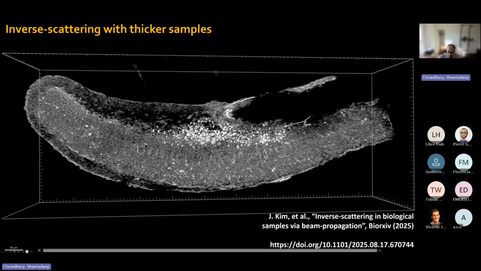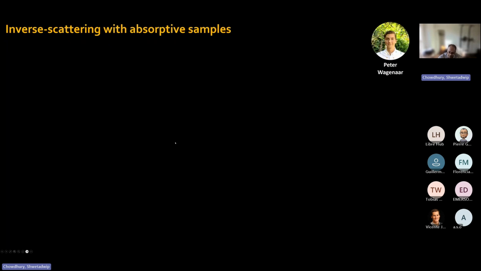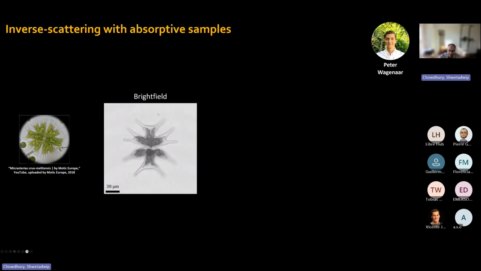Up until now, the samples that I've shown have been mostly transparent. They've been scattering, but with mostly zero absorption. The really cool thing about refractive index is that when you're solving for it, you can actually solve for a complex valued refractive index. The algorithm doesn't actually care so much. So when we image absorptive samples, you can actually see absorption-based features. This is an algae where the chloroplast is absorbing the light that's coming in.